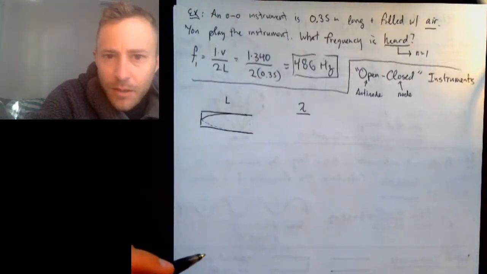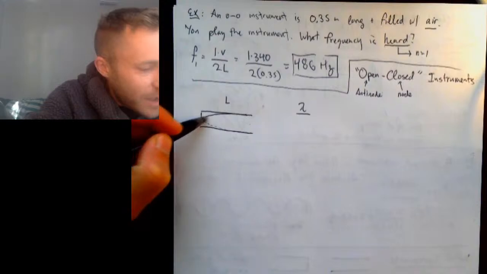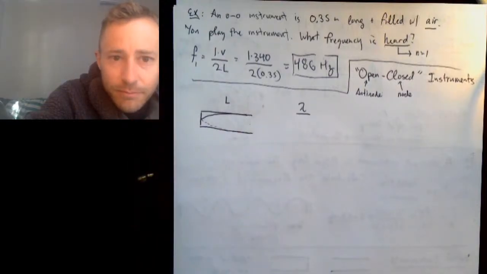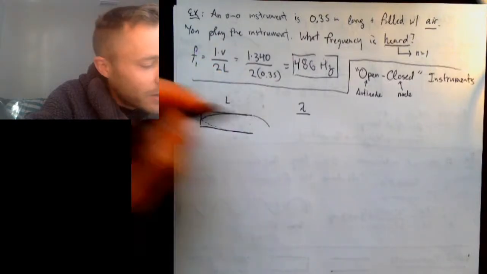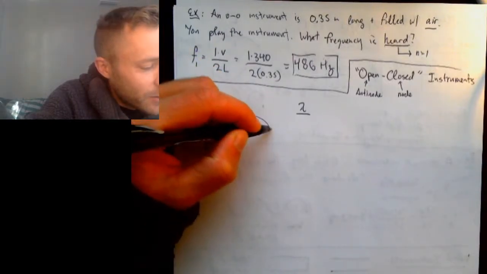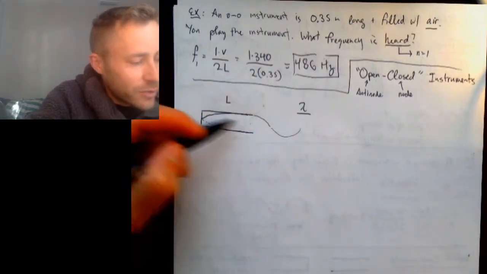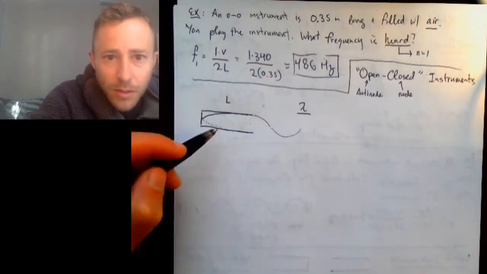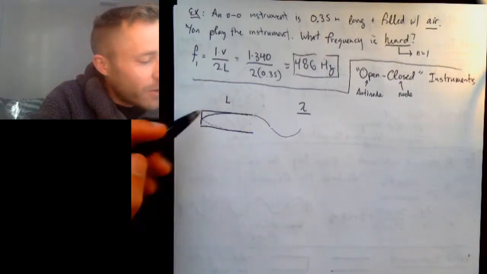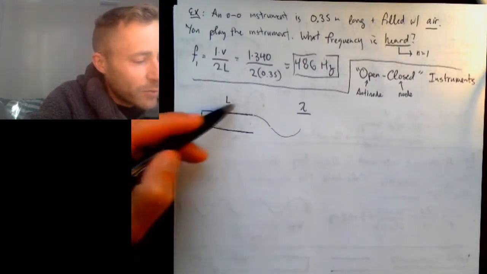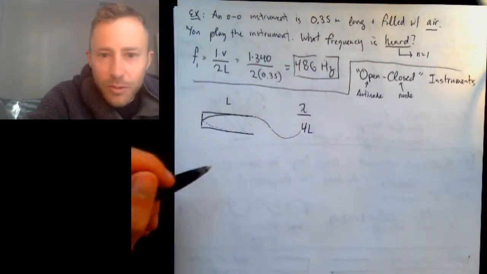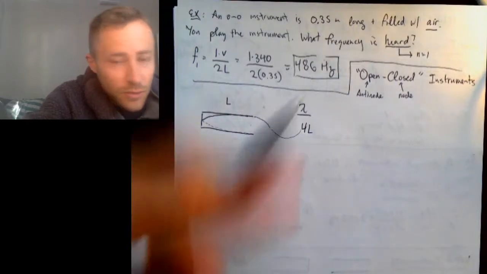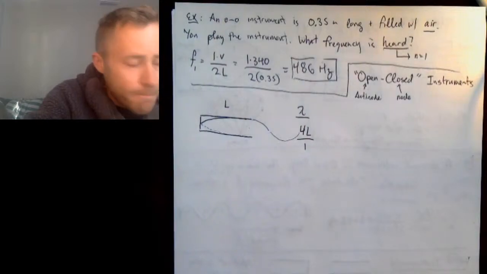Well, this is half of a crest. A full wave would have the other half of the crest and then the full trough. So this is actually a quarter of a wave. If I want to know the wavelength, I have to multiply the length of the instrument by 4. So 4L is going to be the wavelength, which I'm going to write in the suggestive form of 4L over 1.